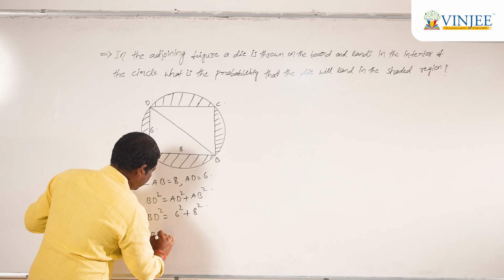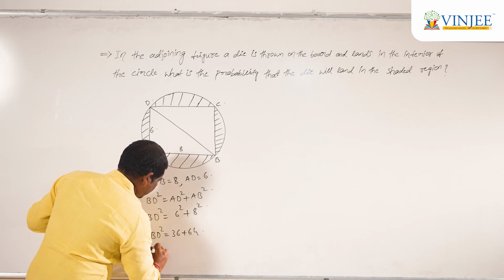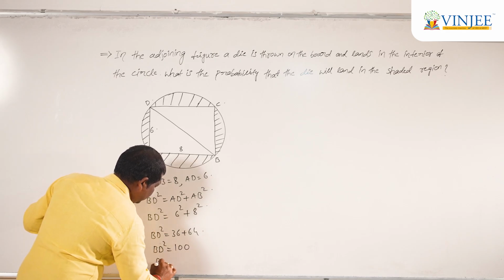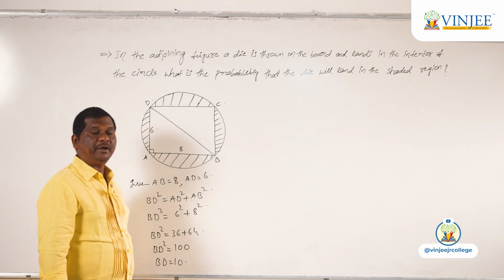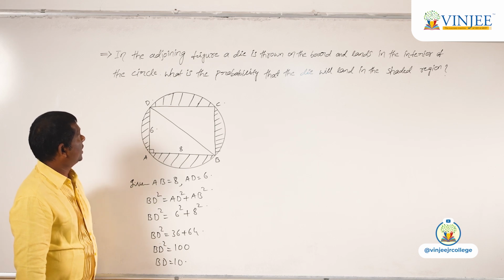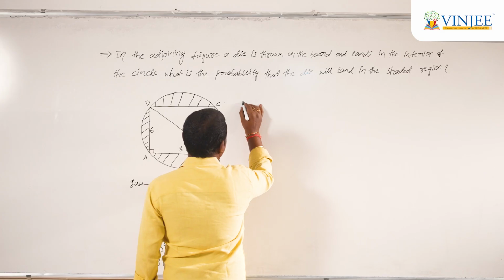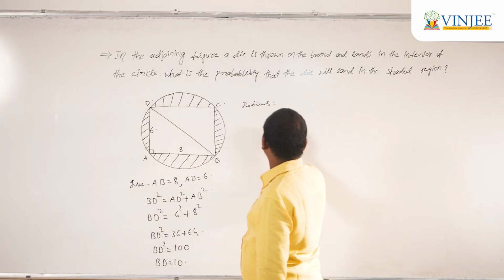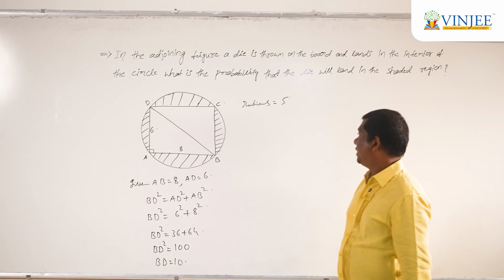Therefore BD square equals 36 plus 64, so BD square equals 100. BD equals 10. That means the diameter is equal to 10. Now see the radius of the circle. If the diameter is 10, the radius will be 5 units.